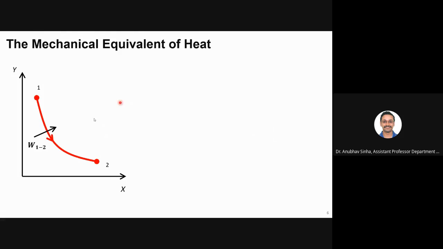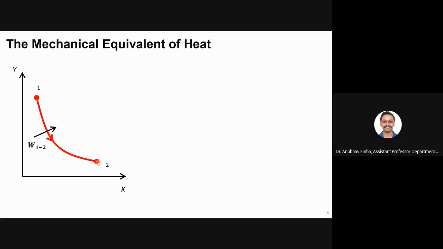You'll see this in this diagram. Let us say we plot this cycle in some general coordinates x and y. These are thermodynamic coordinates. It could be pressure, temperature, anything. The plot will vary according to what variables you are plotting, so let us keep it simple and general. This is state 1 and this is state 2. Work transfer changes the state from 1 to 2.